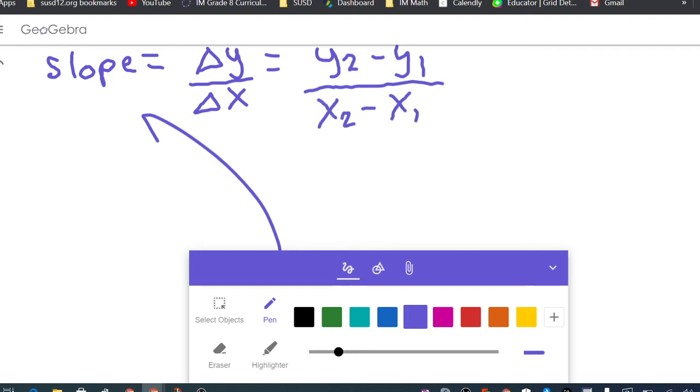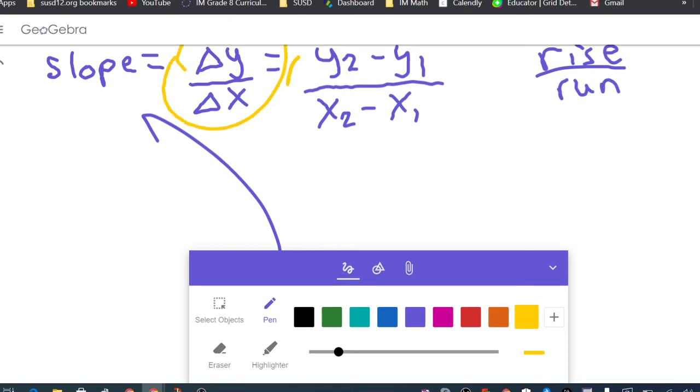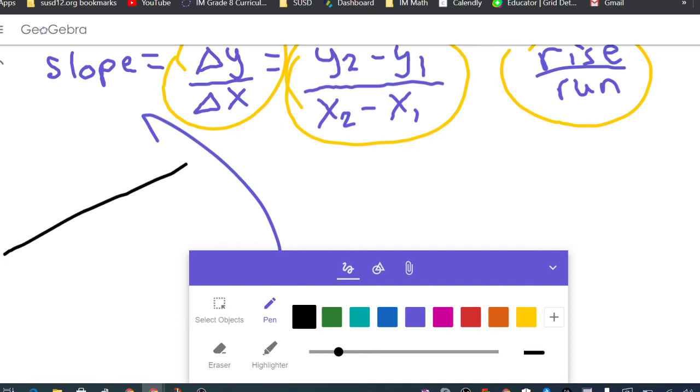That's the change in x. Another way to remember slope is the rise over the run. So now you have 3 ways to remember: change in y over change in x, or using the coordinate points, or rise over run.